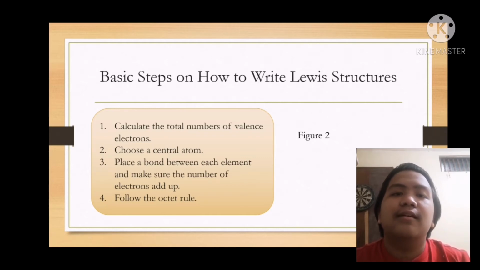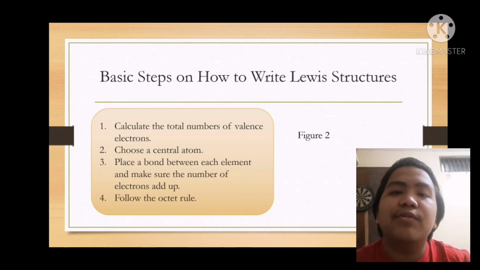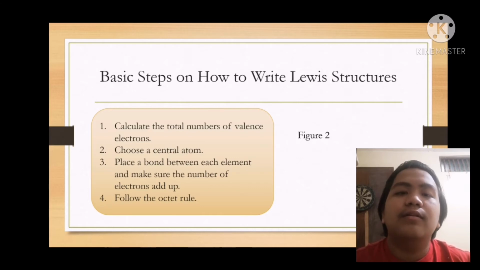Step number 3. Place a bond between each element and make sure the number of electrons add up. And lastly, step number 4. Follow the octet rule. I will explain each in the succeeding part.